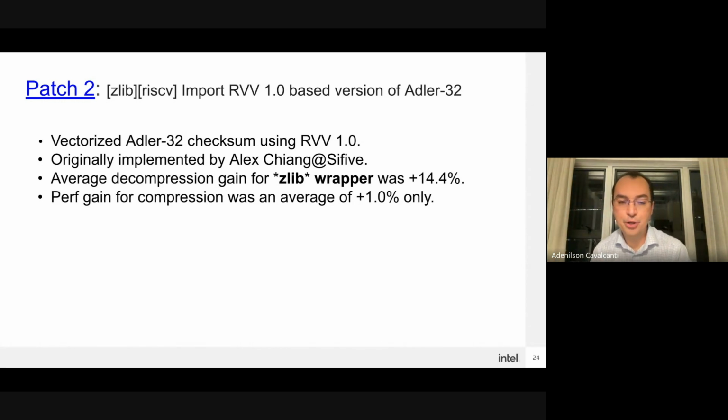And the average performance gain for decompression using the zlib wrapper, which is important for, say, decoding PNGs, was 14%. But the performance gain for compression was just around 1%, which is somewhat expected, because when you are compressing data, you have smaller vectors, smaller inputs than when, say, you are decompressing.